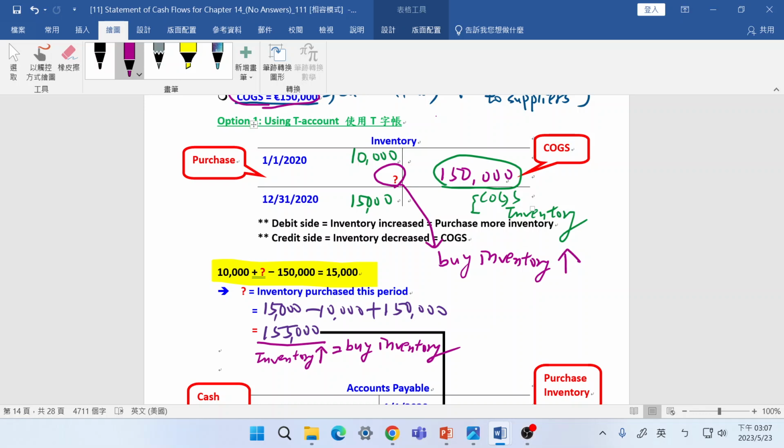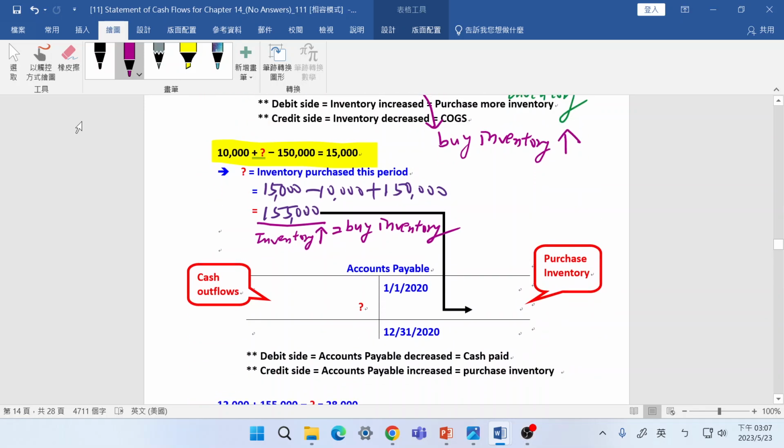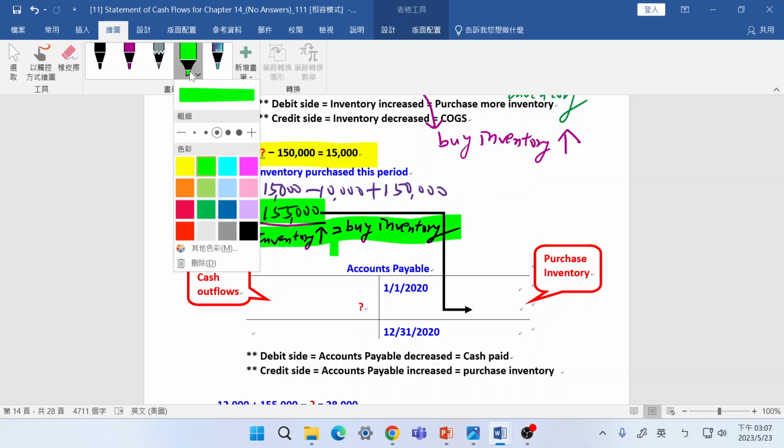Okay? Then please go to your second account, accounts payable, which could help you find out the cash outflow. So inventory increase means what? You buy the inventory, $155,000.